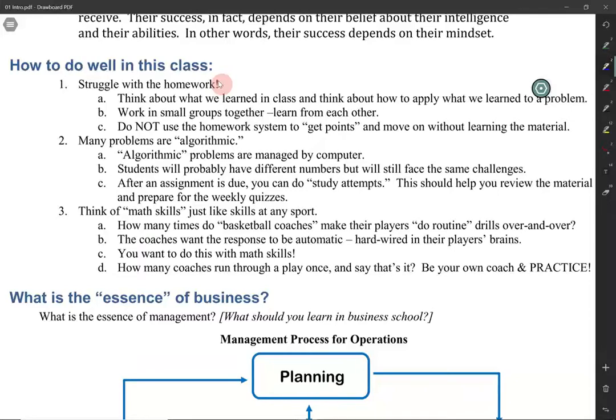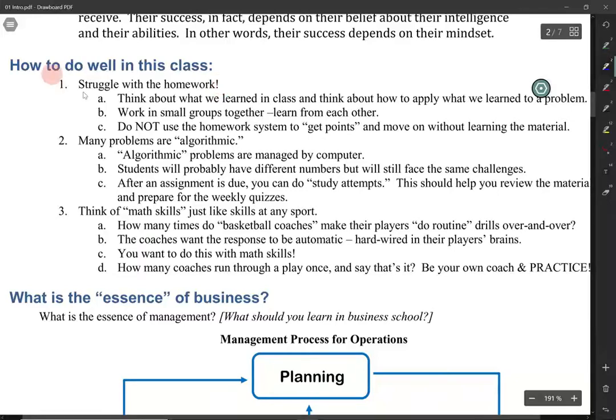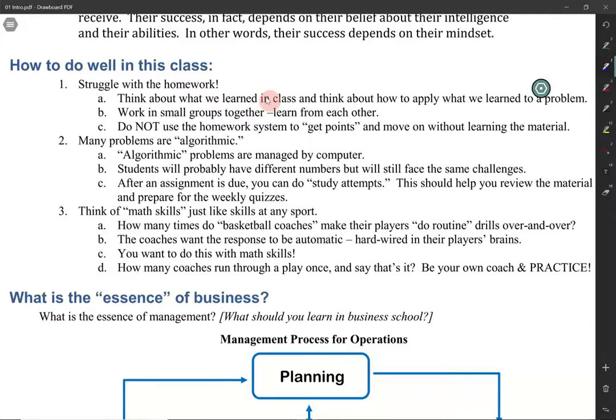Try to organize things in your mind. Think about what we learned in class. Sometimes when I look at some Excel homeworks from previous sections, I give an assignment, and most people Google for something related to the assignment, and then they submit a template based on something they found on the internet.